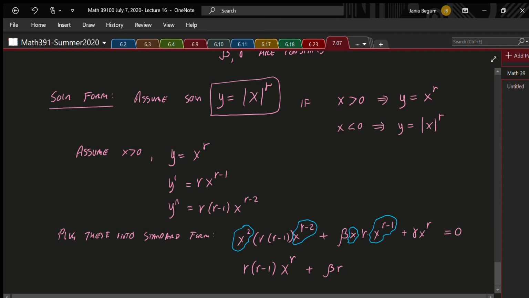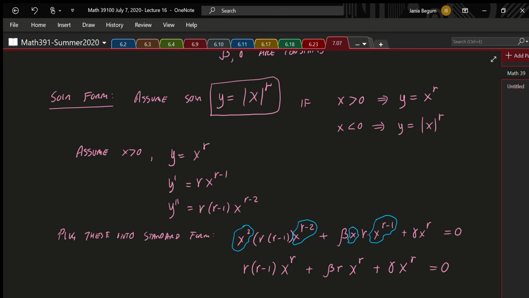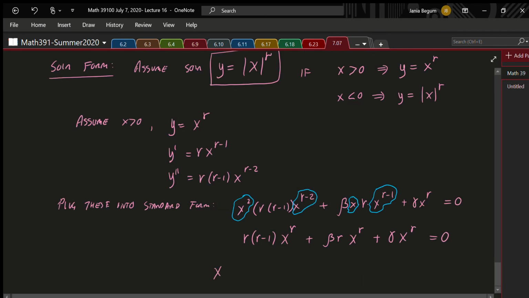If I combine those powers, I get x to the r, plus gamma times x to the r equals 0. Pretty nice, right? Now I can factor out what's in common, which is x to the r. And then we're left with r times r minus 1 from the first term, and the second term we have beta r, plus gamma equals 0.